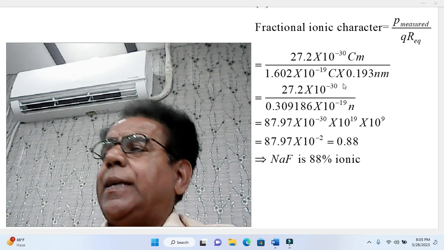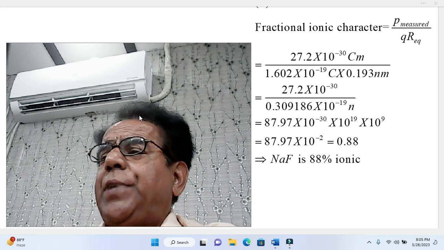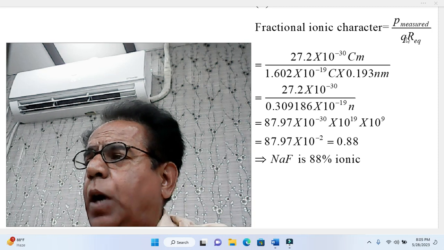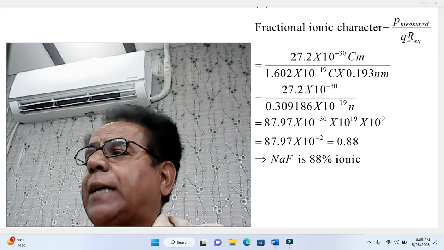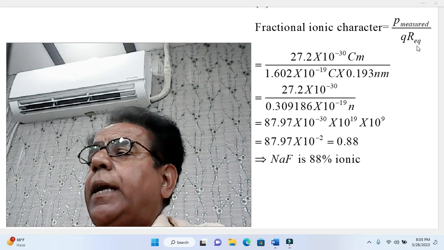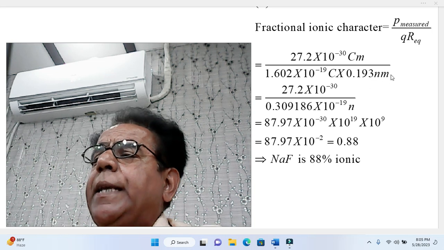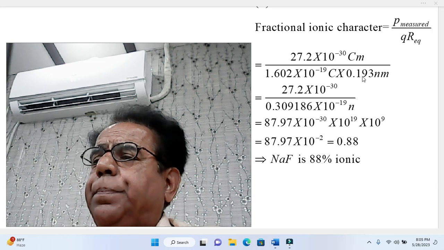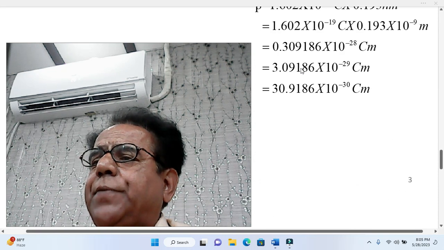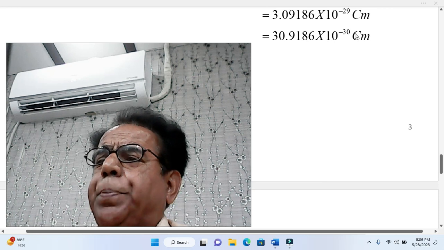Here actually, dear students, we have once again taken separately the value of Q, the value of small e, the electronic charge, and then R EQ, the equilibrium separation R, whose value was given as this. We can skip this step and directly write this figure in its place, but here we have not adopted this facility.